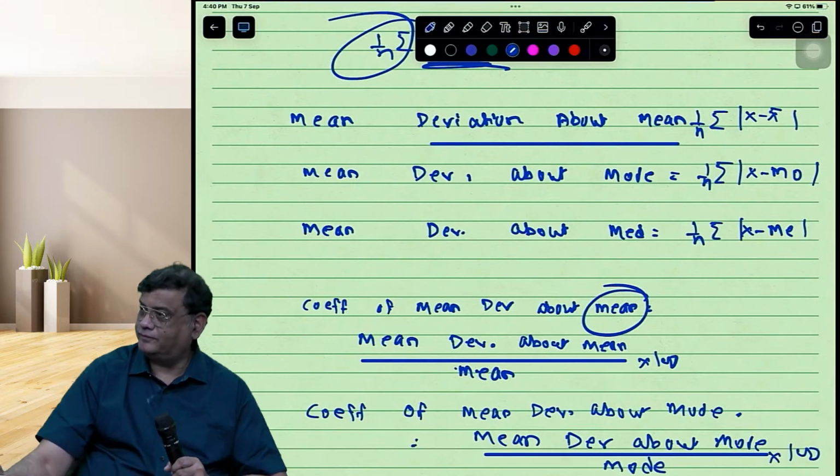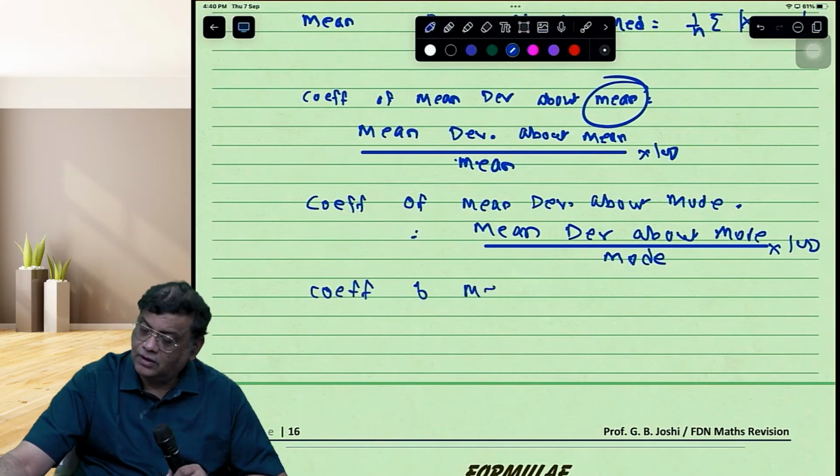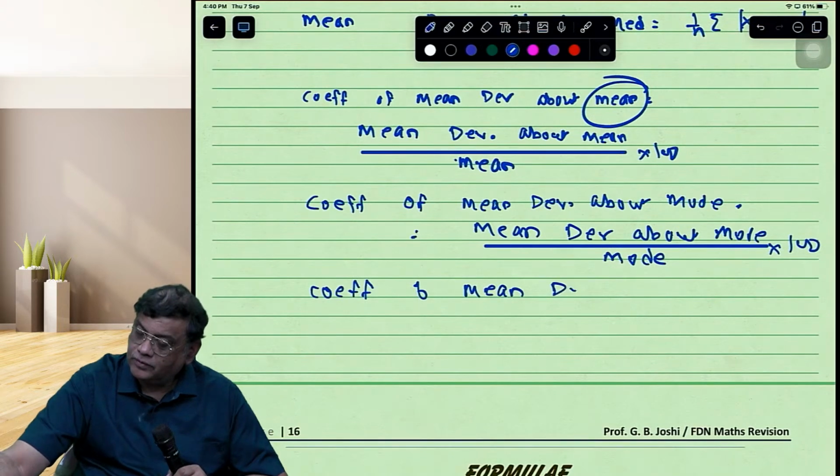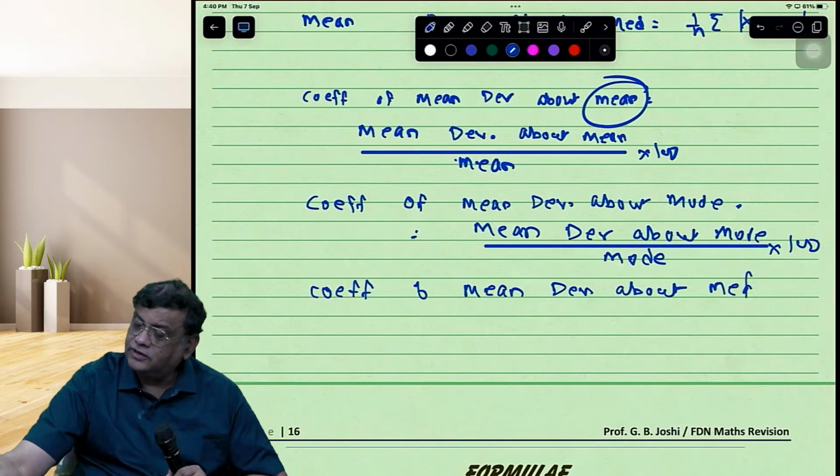That into 100. And similarly, tell me what will be coefficient of mean deviation about median. Coefficient of mean deviation about median. Tell me what will it be? अब तुम बोलेंगे, हम लिखेंगे.